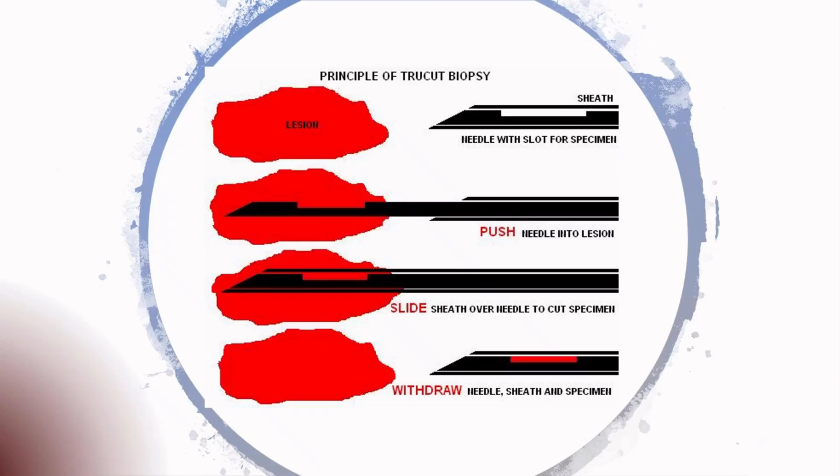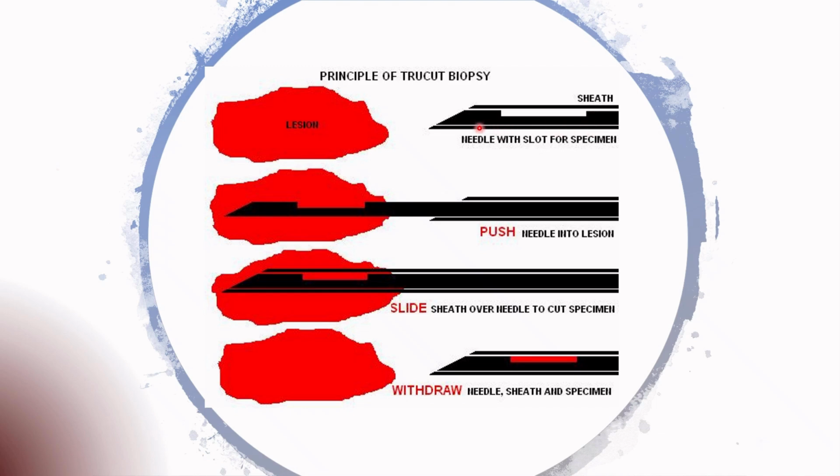So you should be aware of the principles of the true cut biopsy. Any true cut biopsy needle, whether it's automatic, manual, or semi-automatic, has two parts: the outer metallic sheath, and the inner part, which is the needle with a slot or a groove like this.